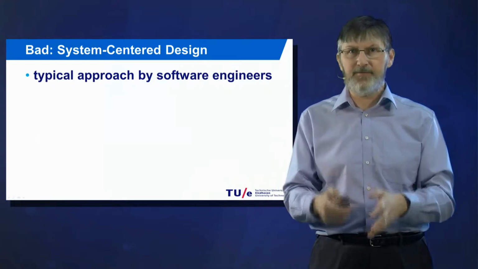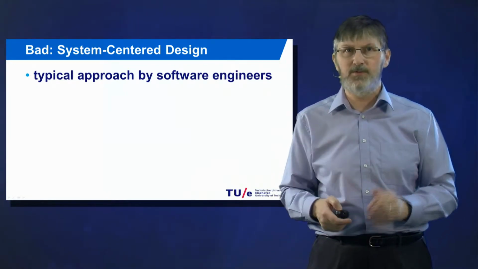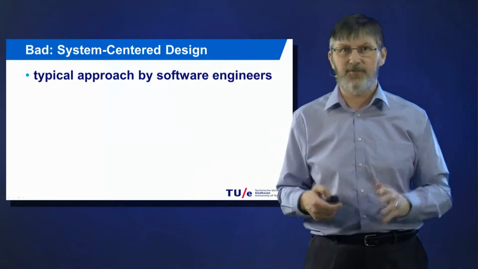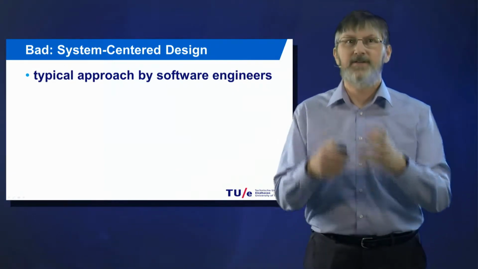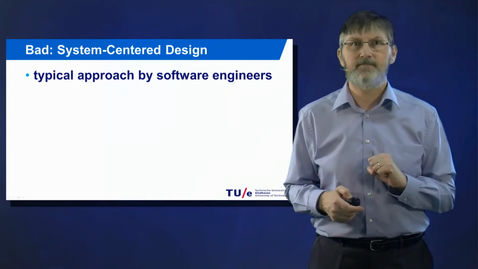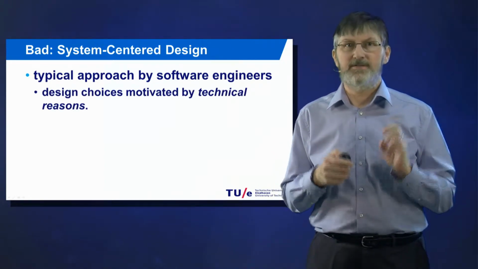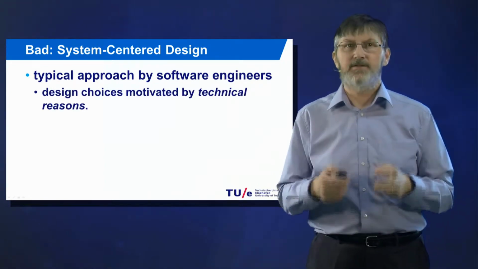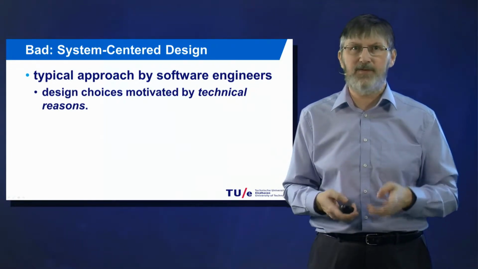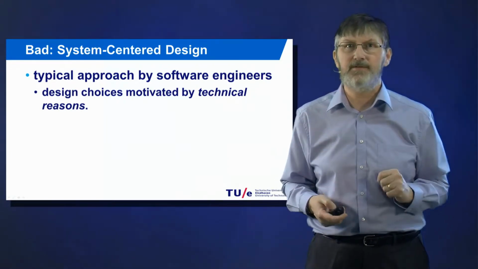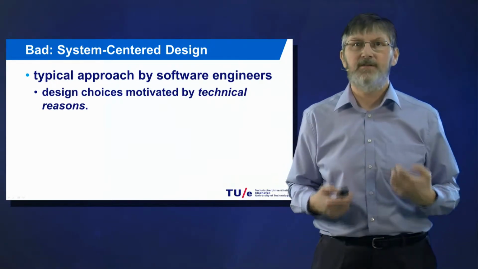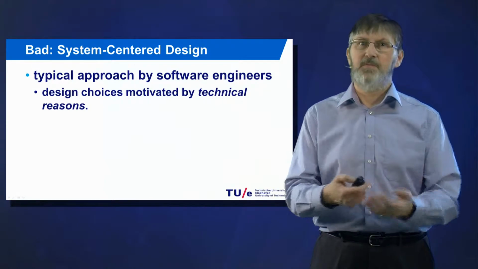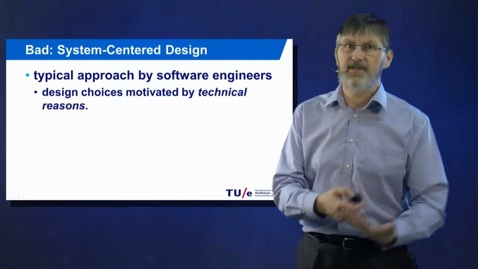What we definitely do not want to do is what software engineers do best. And it's called system-centered design. In system-centered design, the design choices are motivated by technical reasons. You make choices because technically these are, in most cases, the easiest technical solution.